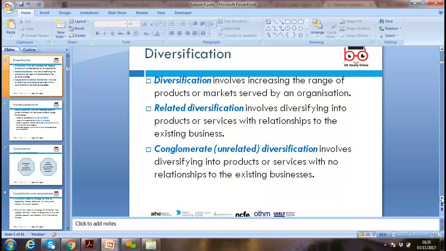Diversification involves increasing the range of products and markets served by your organization. Related diversification includes diversifying into products that have a relationship to the existing product.